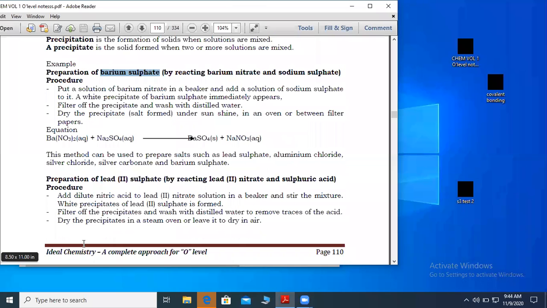If you want to prepare lead(II) carbonate, which is insoluble, then you should mix lead(II) nitrate and sodium carbonate, such that sodium provides the carbonate to lead to form lead(II) carbonate. If you want to prepare copper(II) carbonate, then you can use copper(II) nitrate and sodium carbonate. So to be on the safe side, you use a nitrate and a sodium salt.